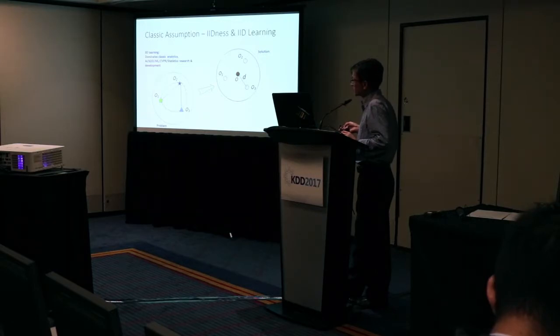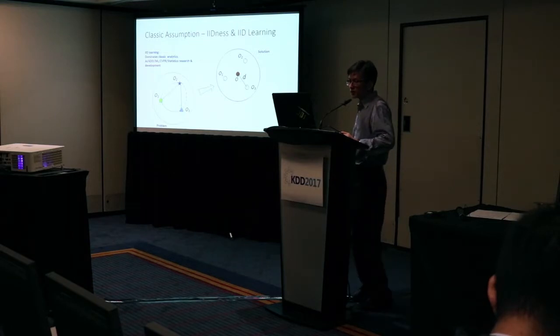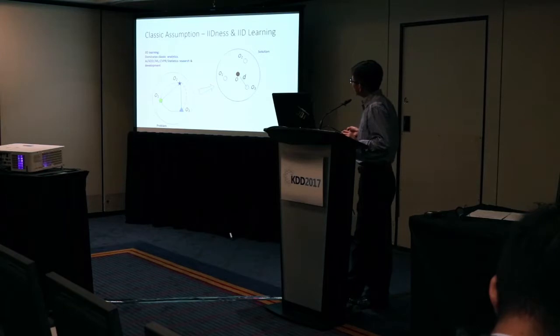I just use the same shape to represent them, which means they are homogeneous and identically distributed. Then, second, we usually say they are independent, so I just ignore the interaction there.